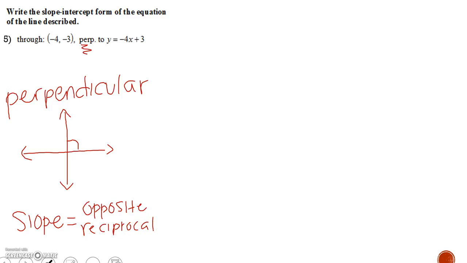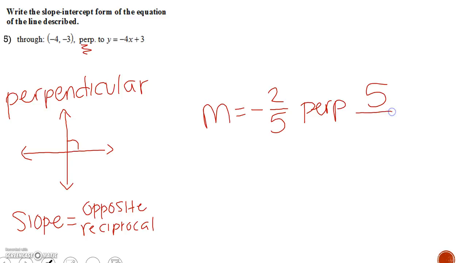All right, so for example, if we have a slope of -2/5, the line that is perpendicular to a slope of -2/5 would be a positive because we have to do the opposite. Reciprocal means simply that we are going to flip the fraction. So instead of the 5 being the denominator, the 5 now becomes the numerator, and then the 2 becomes the denominator. So the slope of the line that's perpendicular to -2/5 is a positive 5/2.